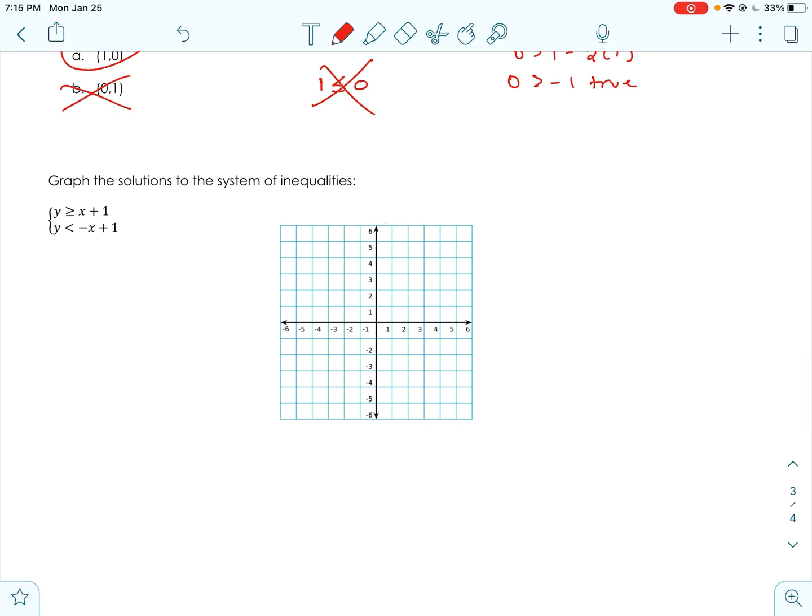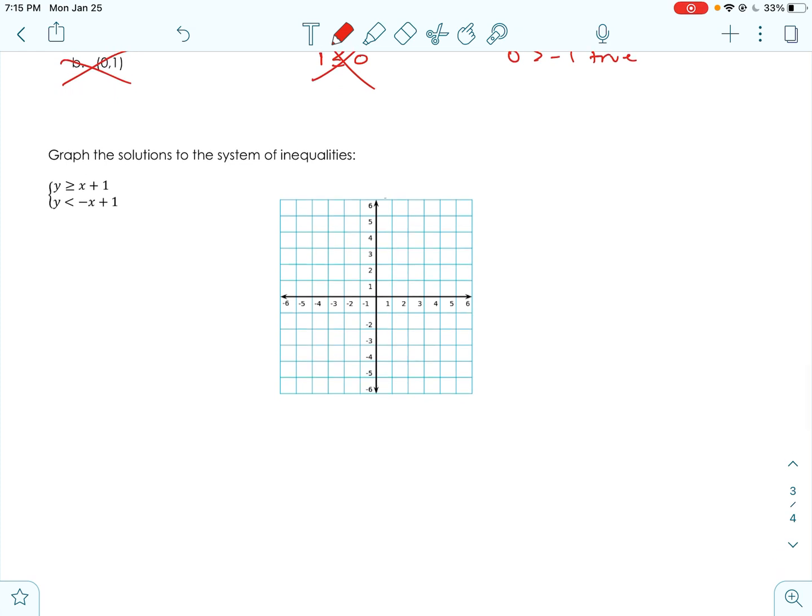Finally, we look at this example that has both of the inequalities written in slope-intercept form already. So we have a y-intercept of 1 and then a slope of positive 1. So our line will look like this. We'll go like so.